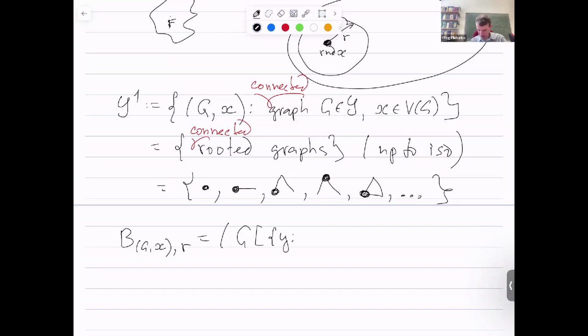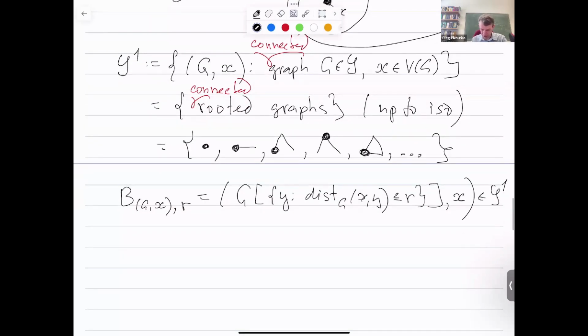So I take all y such that the distance in my graph G between x and y is at most R, and I see what graph it induces in G. So I remove all other vertices, those at distance more than R from x, and x is my root. So this is a rooted graph. Given a rooted graph and R, I just cut everybody who is more than R away from the root, and I call it the R-ball.